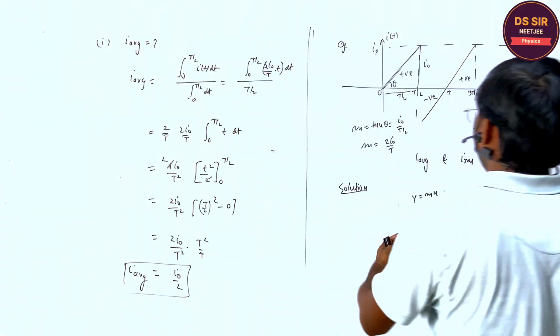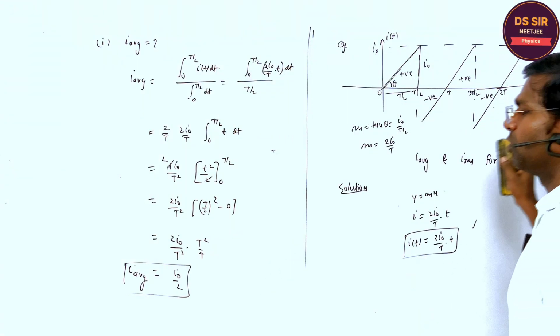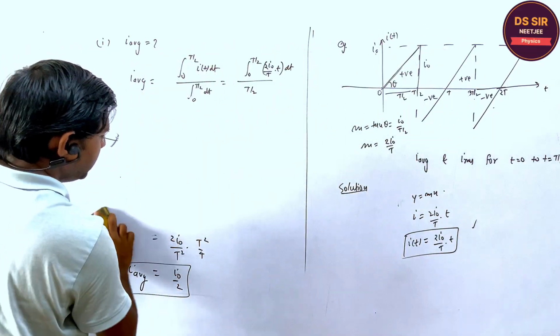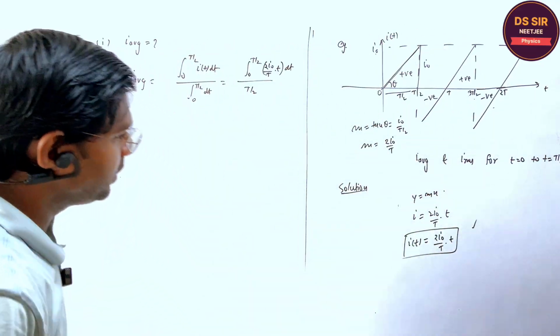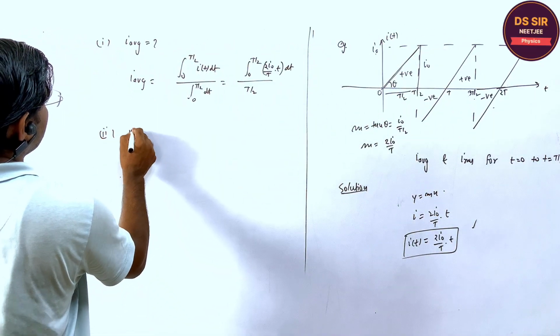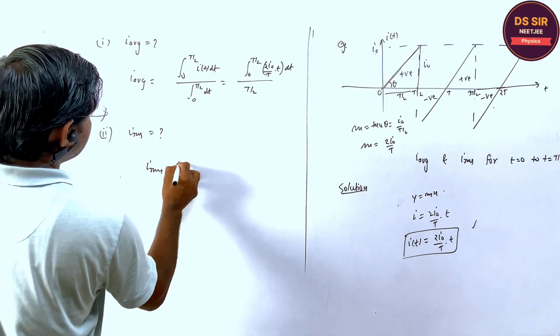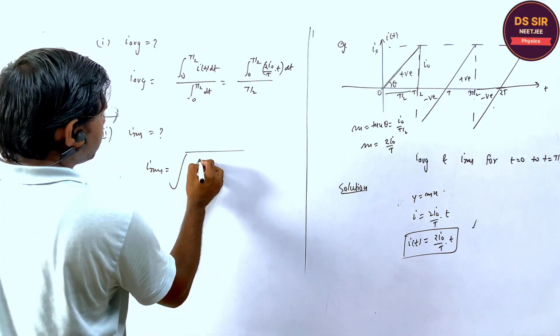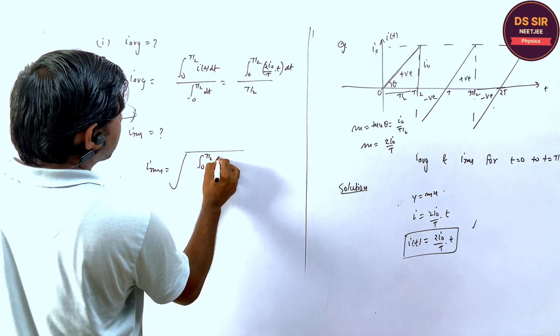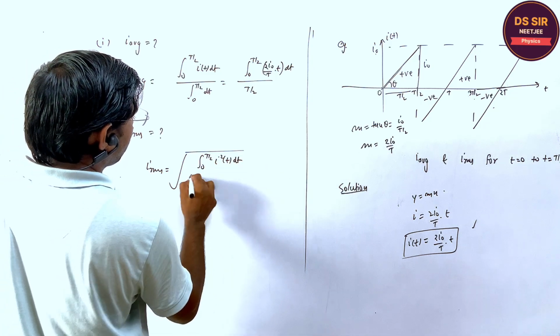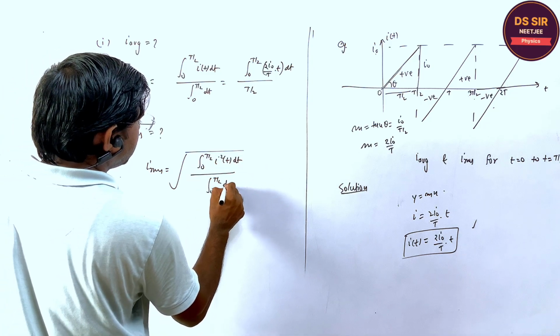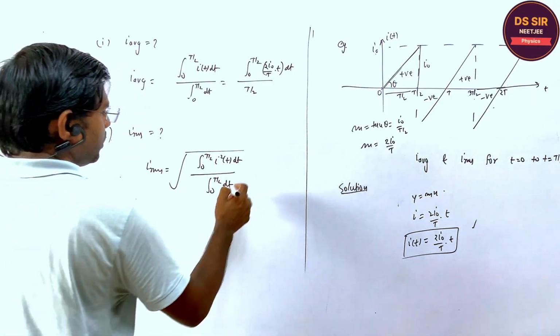Now for the same function we can find the RMS value also, right? To find the RMS value, we will use the formula: IRMS is equal to the square root of the mean square, integral of I squared dt from 0 to T/2 divided by T/2. Is it clear or not?